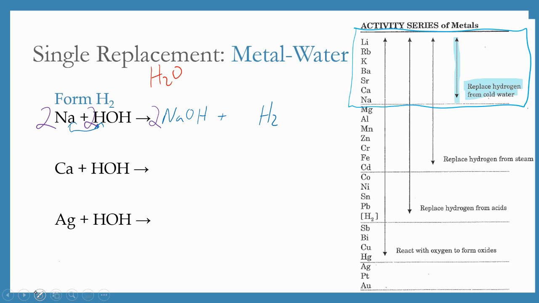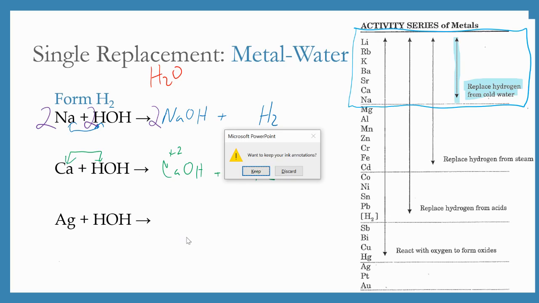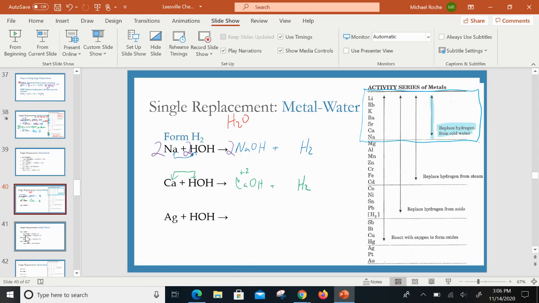So for this next one, we're going to switch out the, let's turn it green, calcium with the hydrogen. So calcium will now be with hydroxide and H2. Okay. Calcium has a +2 charge. So in manipulating this, if hydroxide had the -1 charge, we would need two of these. So let's take a quick look at what I'm talking about there.